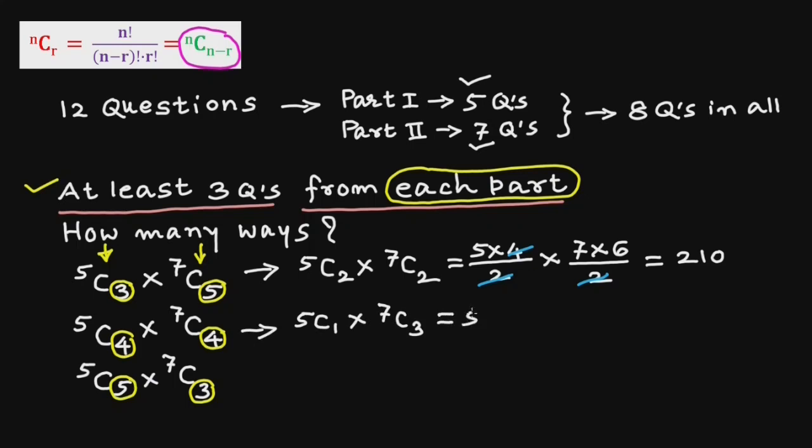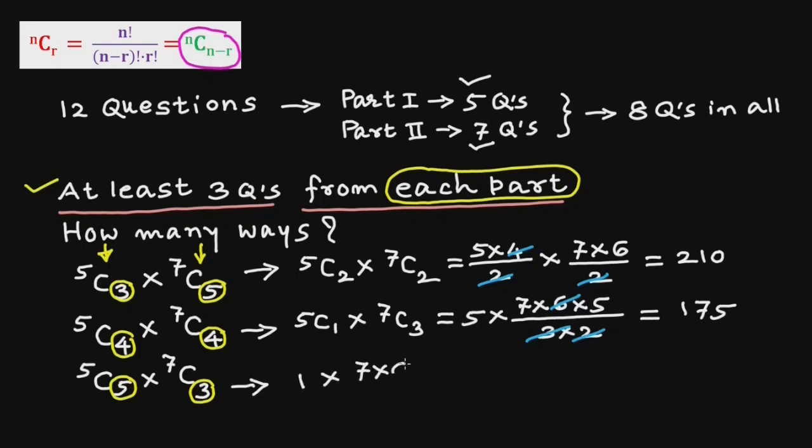It will be 5 multiplied by 7 into 6 into 5 upon 3 into 2, cancelling 6, it will be 175. In the third option, 5C5 is 1 multiplied by 7 into 6 into 5 upon 3 into 2, cancelling 6 with this 6, which is 35.